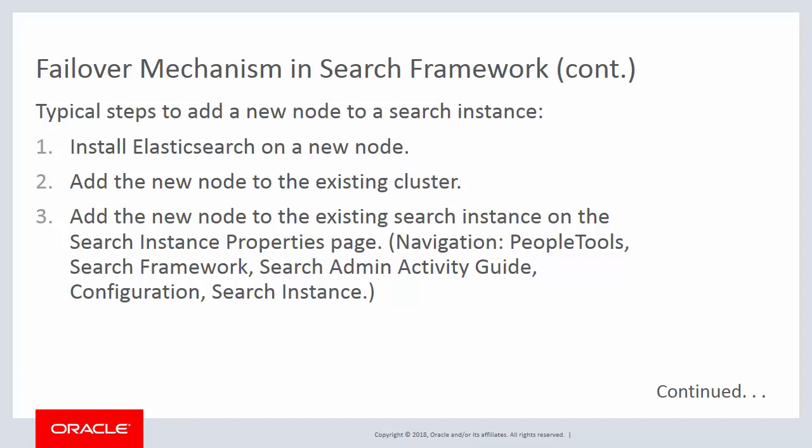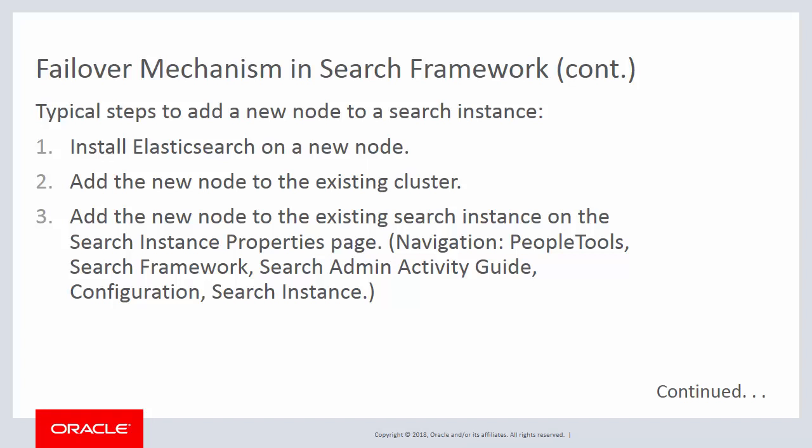Step 2. Add the new node to the existing cluster. In fact, you perform this task while installing Elasticsearch. This task is listed here to ensure that you add the new node to the existing cluster. Step 3. Add the details of the new node to the existing search instance on the Search Instance Properties page. Please follow the navigation to open the Search Instance Properties page.